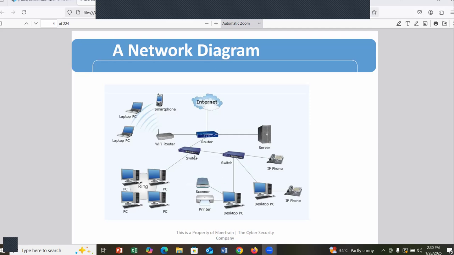People on the switch use cable to connect to each other, and people on the Wi-Fi use wireless to connect to each other. When we have a network like this, people on the Wi-Fi will still be able to communicate with people on the cable. So this is what a diagram of a network is.